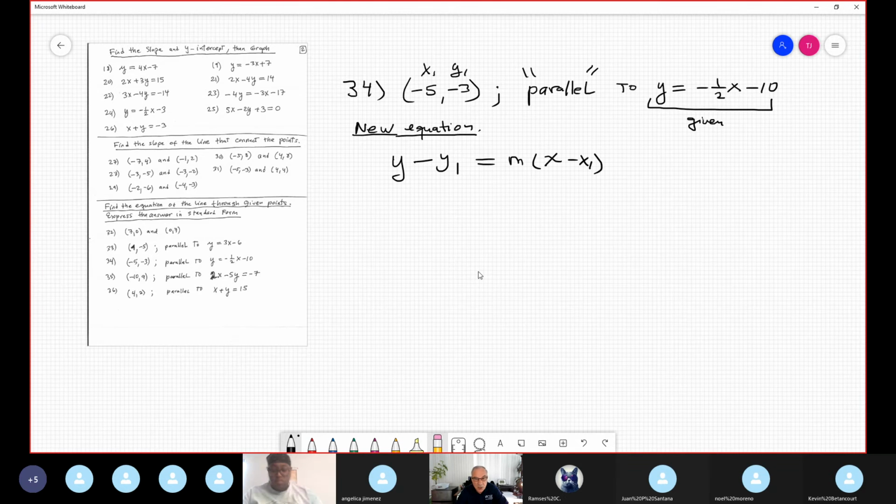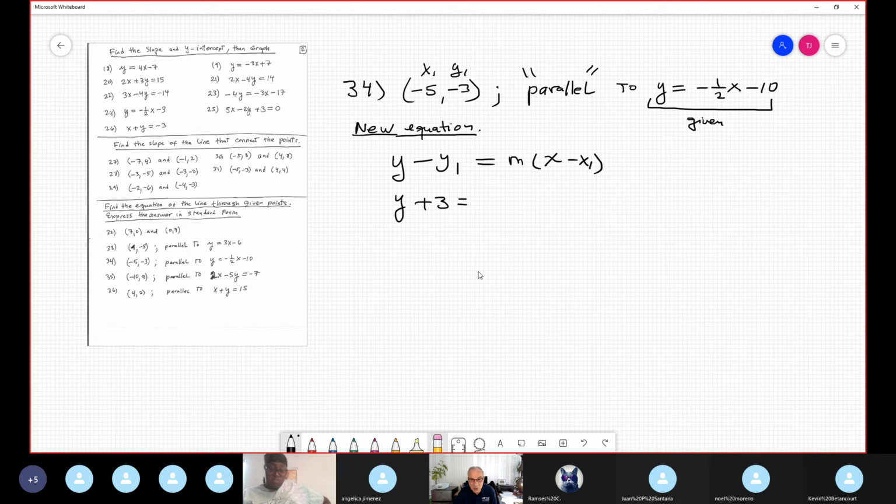Boom. The point given is -5 and -3. So y minus y1, y1 is -3, but double negative becomes positive. I do arithmetic, guys. I don't lie. If you lie, it's your preference. Put -3 here? No. Double negative. It looks weird, but in my mind it's clear that double negative is positive. This is positive too.